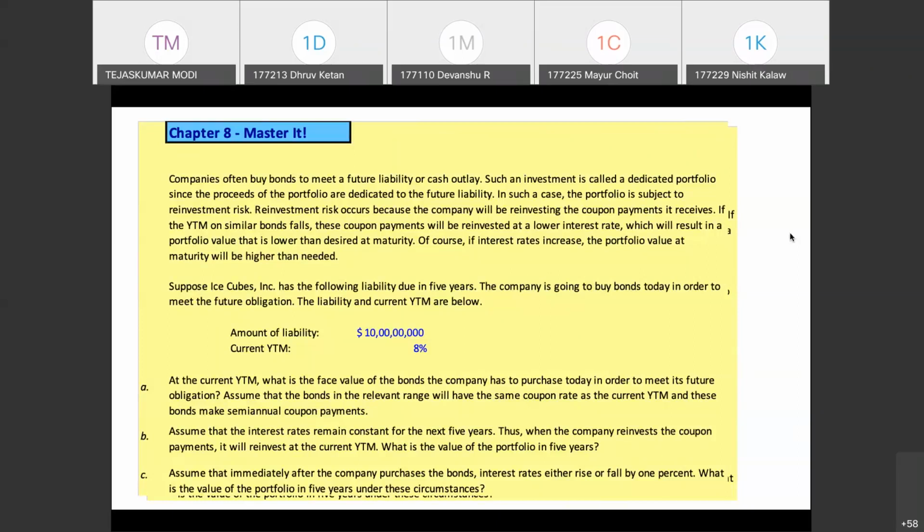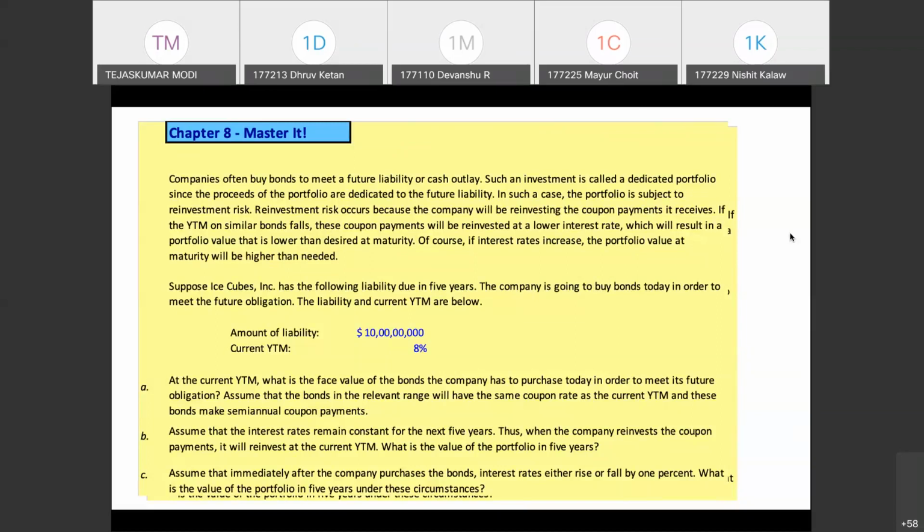So the coupon and YTM are the same, right? The question is, you have a liability of 100 million after 5 years or 10 periods, because the coupons are paid semi-annually. How much worth of bonds, face value worth of bonds, should you buy today so that you can pay off this liability? Yes, that is the question.